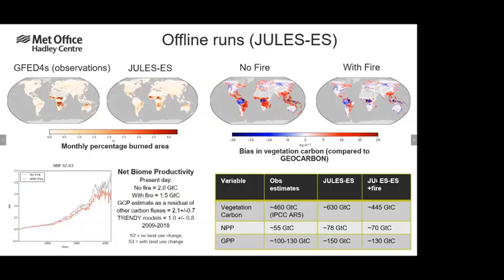When we include fire compared to the standard run without fire, it reduces some of these measures slightly, but in the JULES-ES configuration of JULES, we see quite high values of vegetation carbon. So this is helping somewhat and bringing it more in line with some of the observations. So we've got a model that we're quite happy with in the offline version.